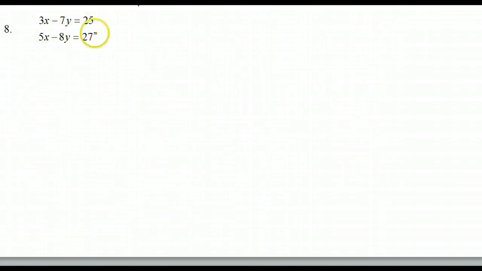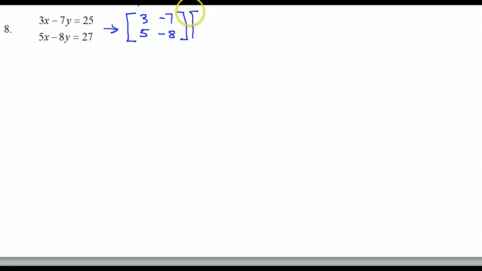Let us move on to number 8. Once again, to solve this system, we will write a matrix equation. So this would be 3 and 5 and negative 7 and negative 8. Variable matrix X and Y. Constant matrix 25 and 27.